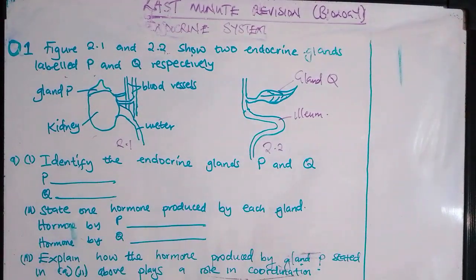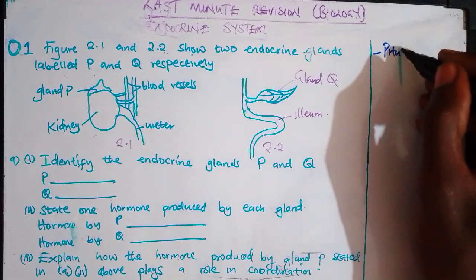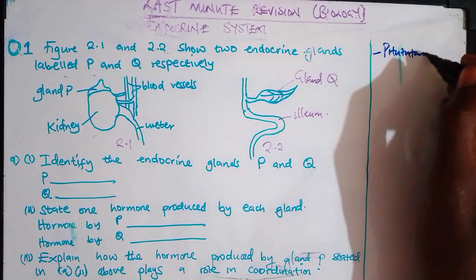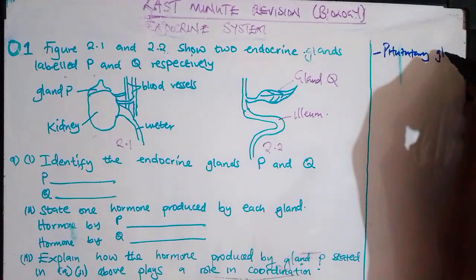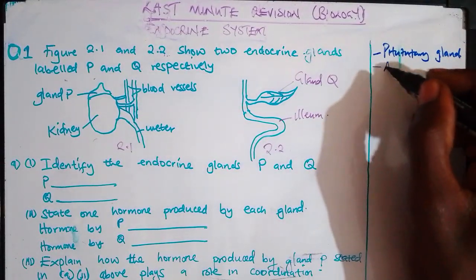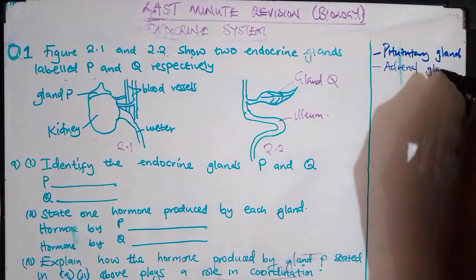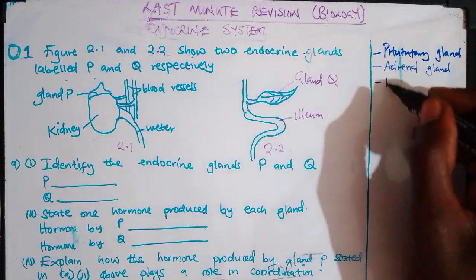Remember, I told you how many endocrine glands you should remember? You should remember 5. The first one is the pituitary gland, then the adrenal gland, then the pancreas.